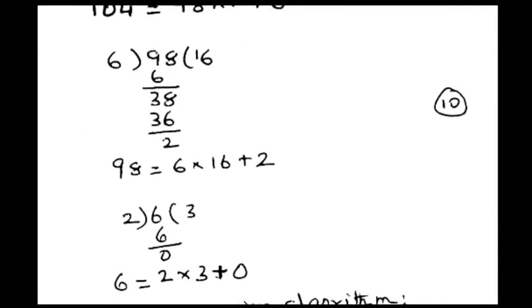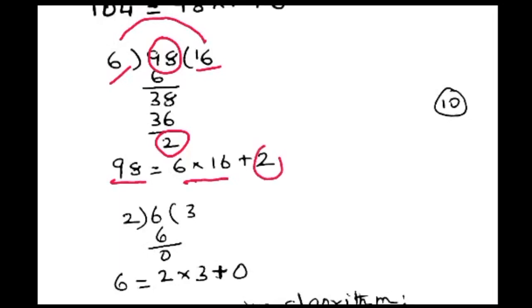So, when 98 is divided by 6, we get quotient 16 and remainder 2. This process continues until we get the remainder equal to 0. So, dividend 98 equals divisor 6 multiplied by quotient 16 plus remainder 2.